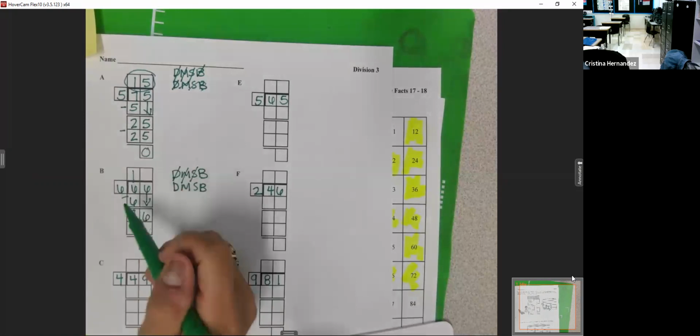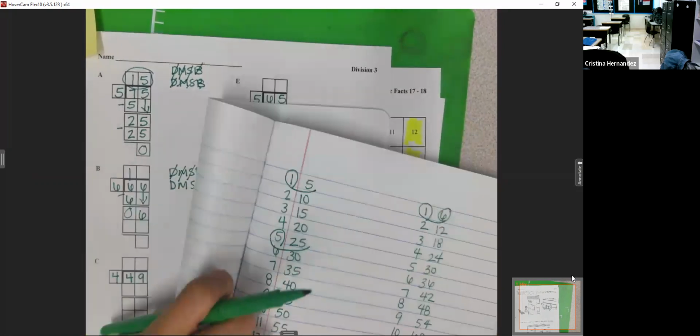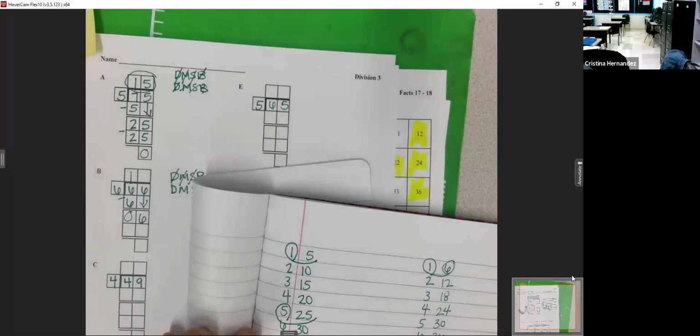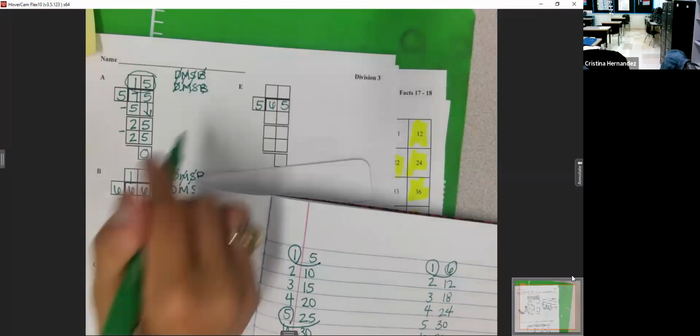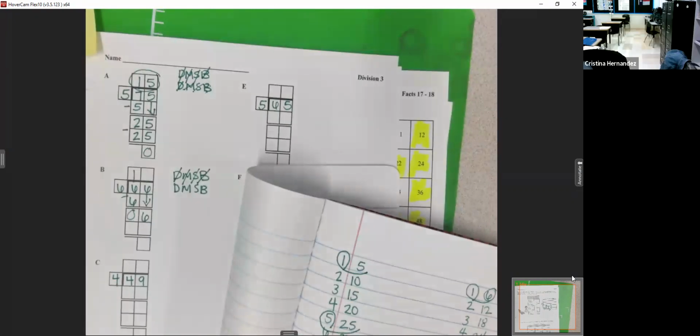We're going to divide again. 6 divided by 6 is what? We just did it.